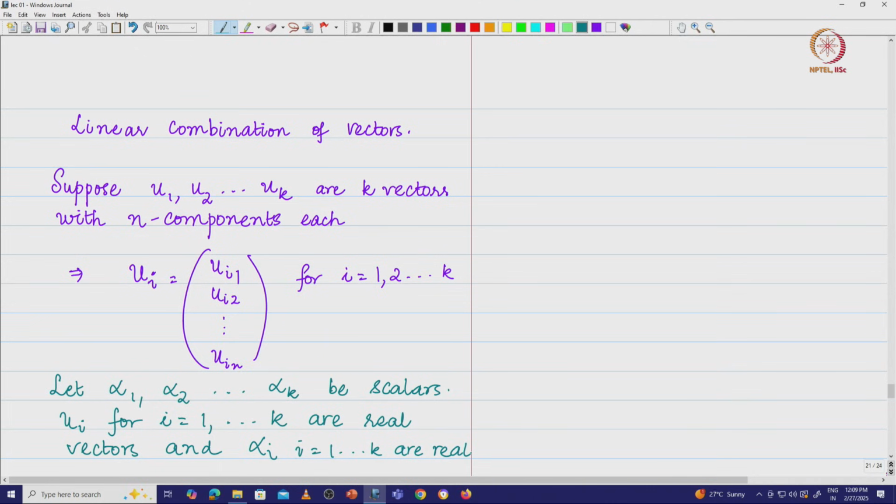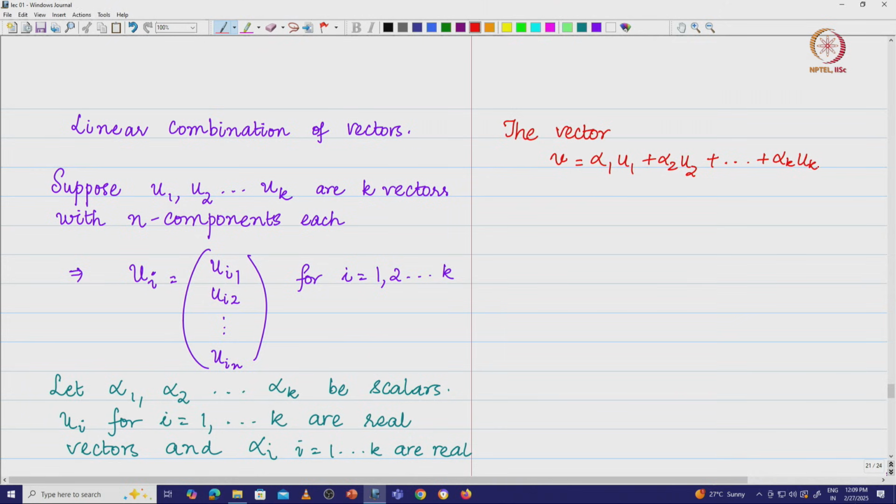Now I am going to define a new vector V, which is alpha 1 u1 plus alpha 2 u2 plus etcetera plus alpha k uk.